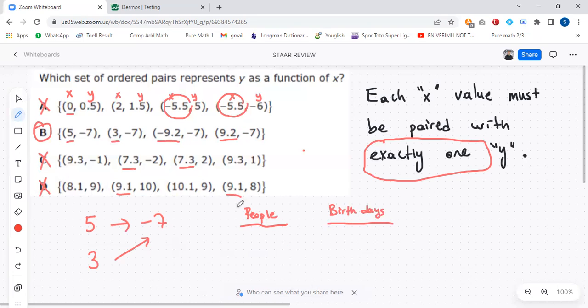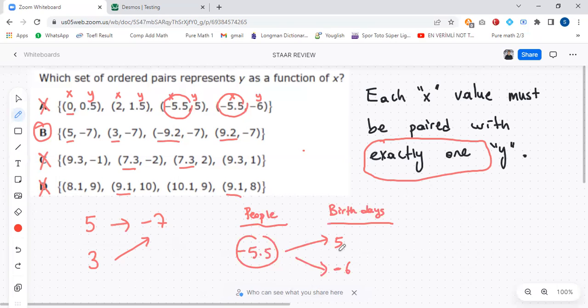So guys, as you can see, in option A, for example, negative 5.5 is paired with 5 and negative 6. So if this is a person, and if these two are two different days, then it means this person was born on two different days. So is that possible? It is not possible, right? It doesn't make sense. So if it doesn't make sense, it is not a function.